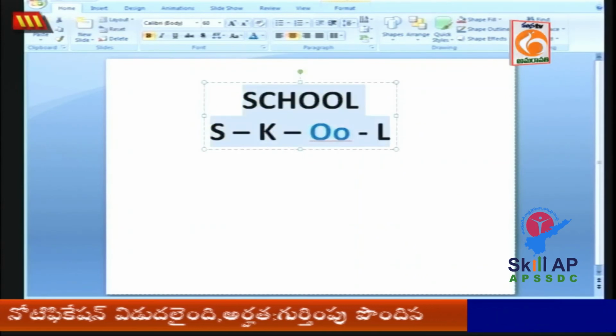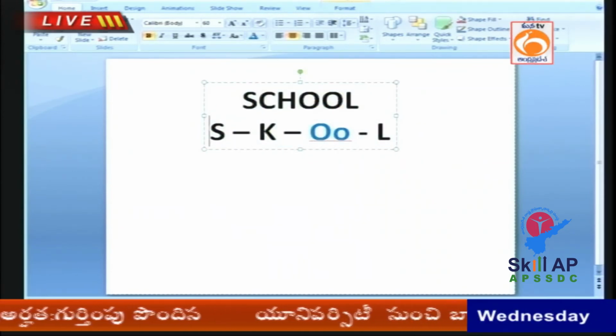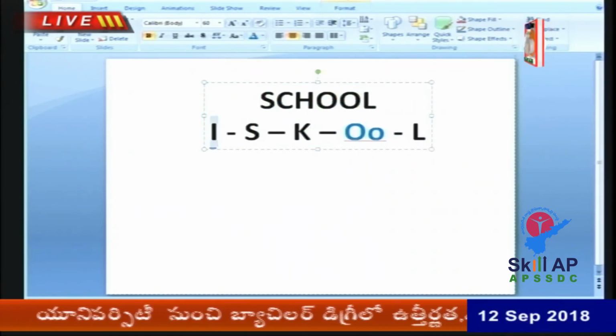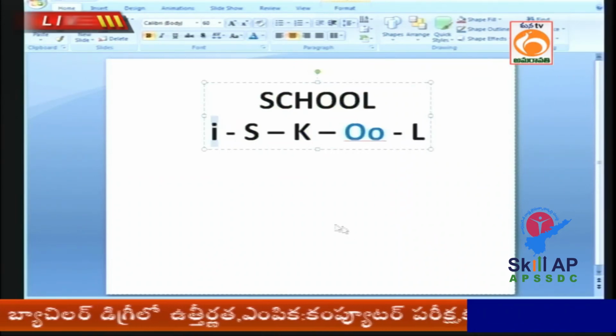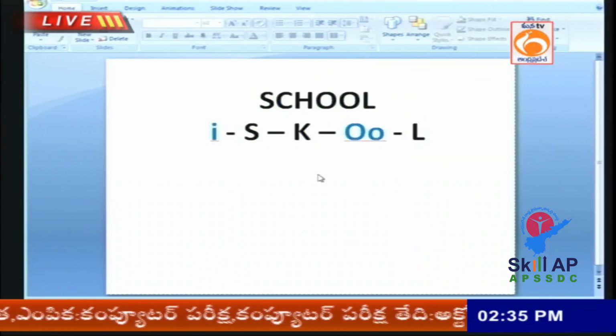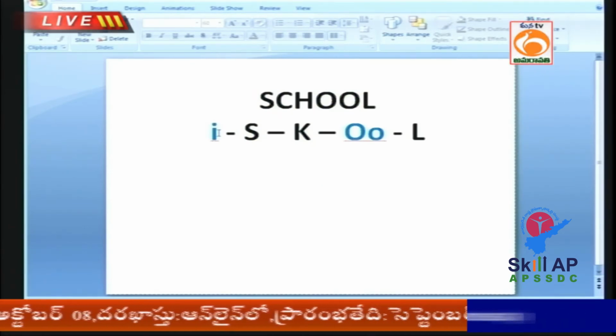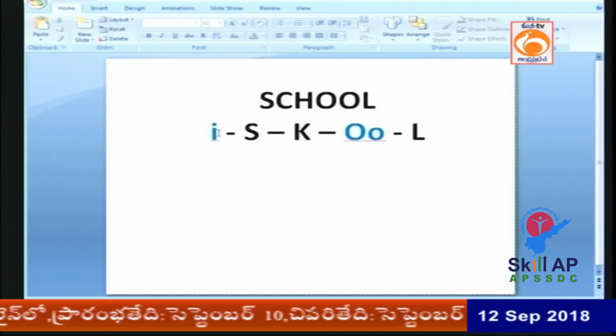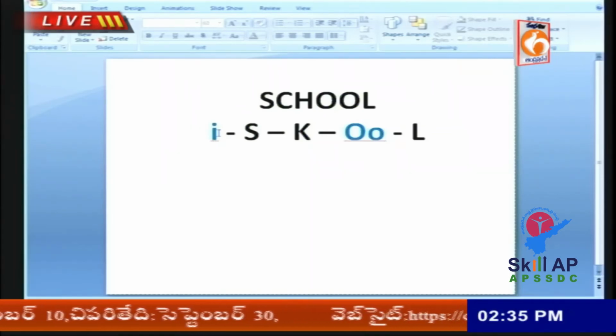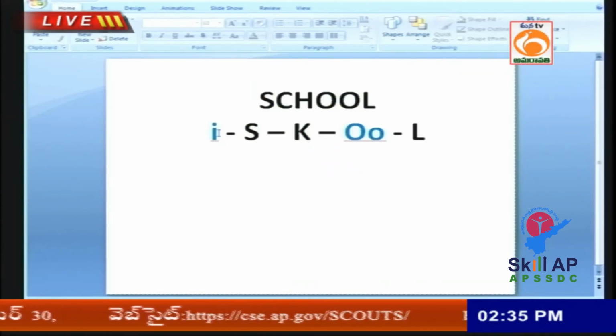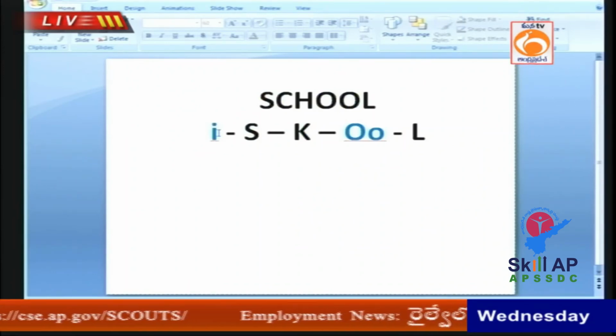Now people in northern India add another vowel sound in front, an E sound, and they pronounce this as 'eschool'. The moment you add another vowel sound, you're adding a syllable, and that's a wrong pronunciation. School has only one syllable. 'Eschool' has two syllables, which doesn't make any sense, right? Because I'm adding another vowel sound in the beginning, I'm making a pronunciation mistake.